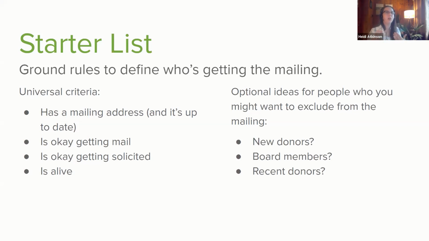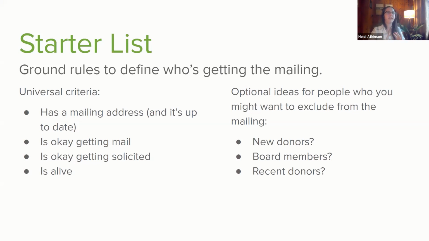So maybe you take those universal criteria and you add on some more elements, like unless they're new donors, or maybe the board members don't need to get this mailed to them, so we kick the board members out. Maybe people who are in my monthly giving club don't need to get this particular appeal mailing, or maybe they're one of your segments, which we'll get to in a second.